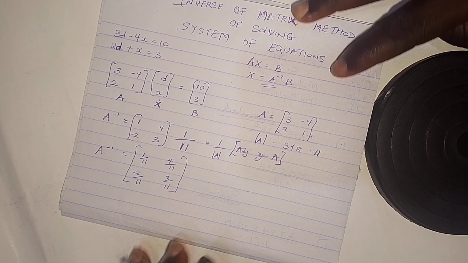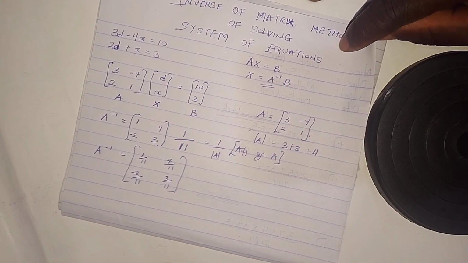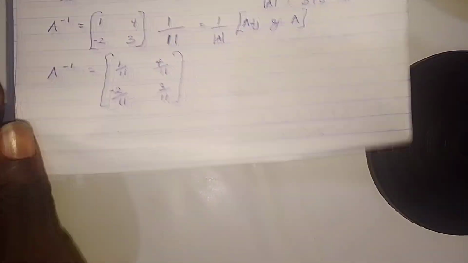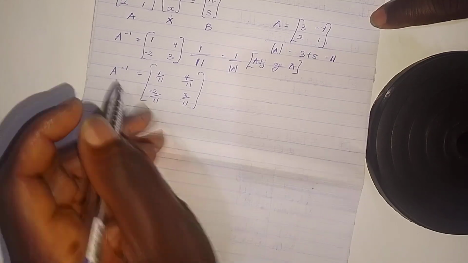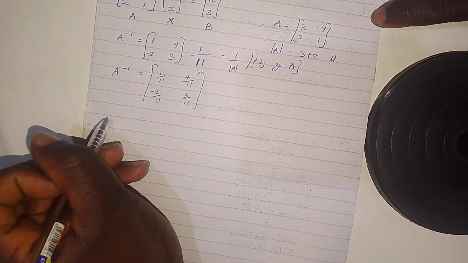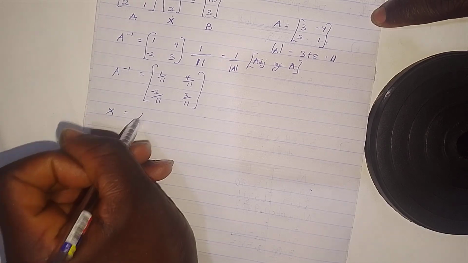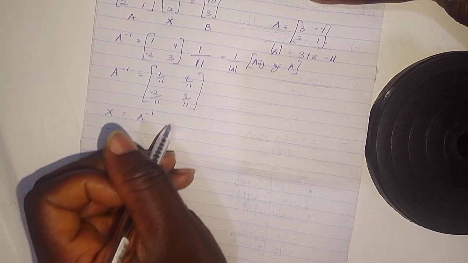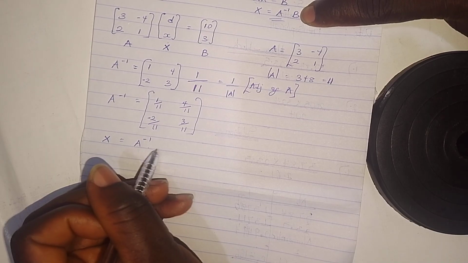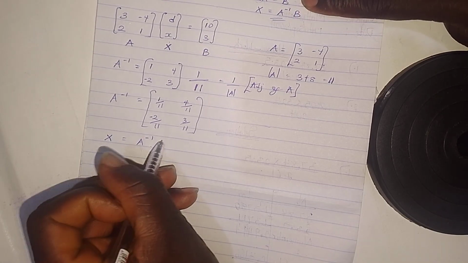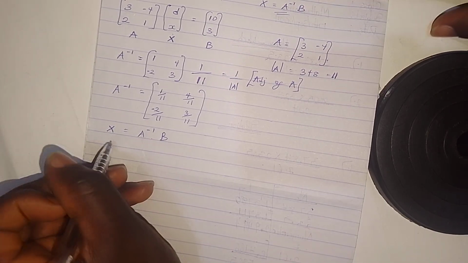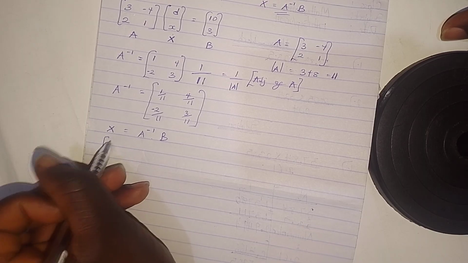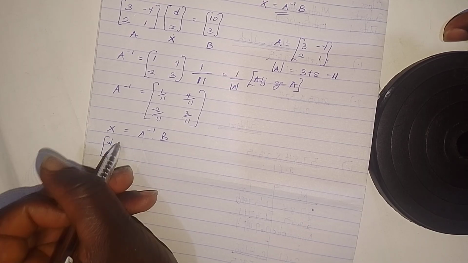Having known this now, we can substitute it. For us to have this form, x equals A inverse of the B, the x is now d and x.